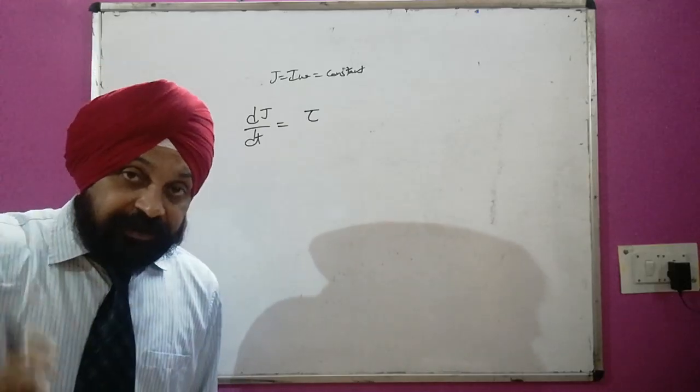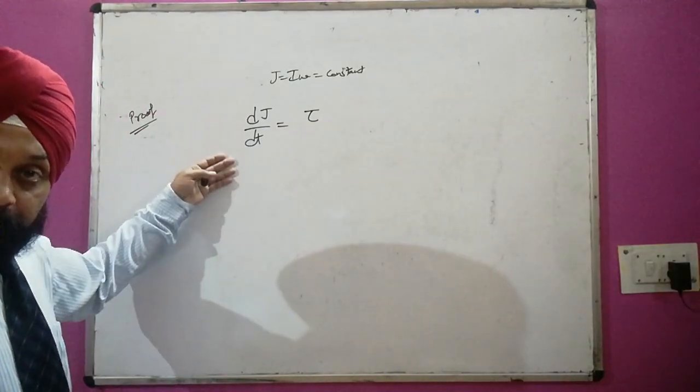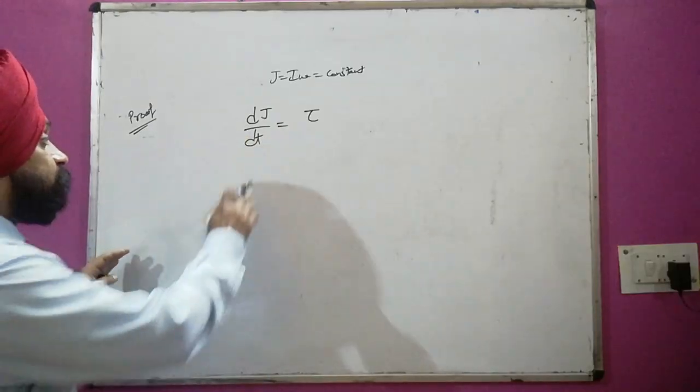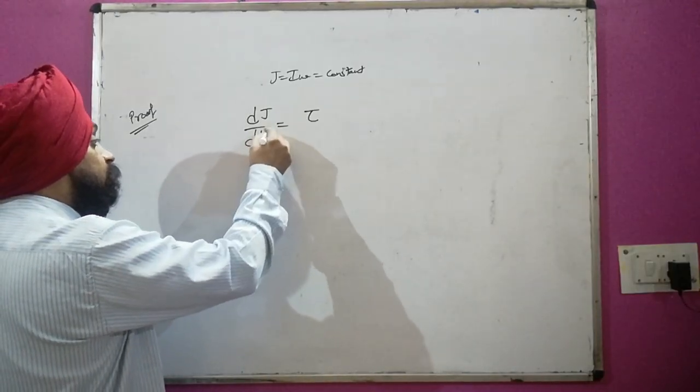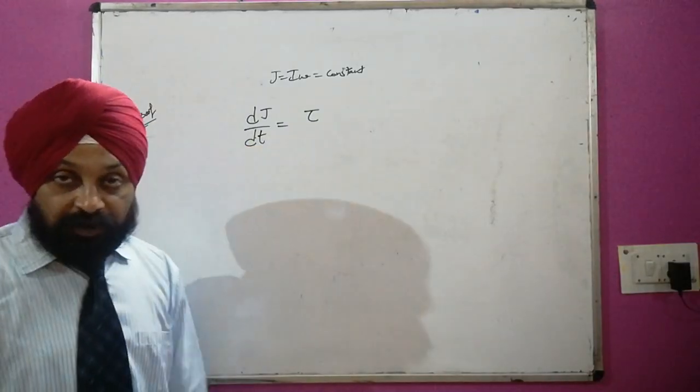Mathematically, the statement that you wrote means dJ upon dt equal to torque. Differentiation of angular momentum with respect to time equal to torque.